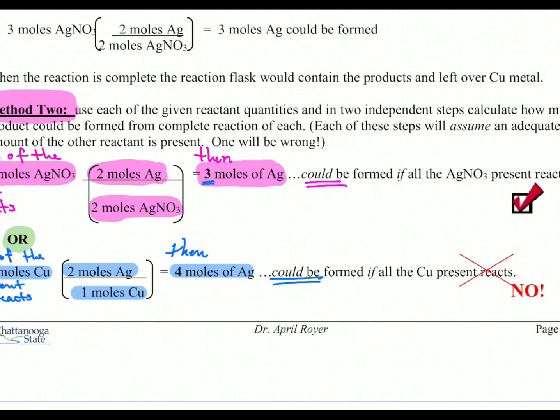So the right answer is the 3 moles of silver from the silver nitrate. You cannot make more. This is a nope, never going to happen because you don't have enough silver nitrate present to make more than 3 moles. So that means the silver nitrate is your limiting reactant.